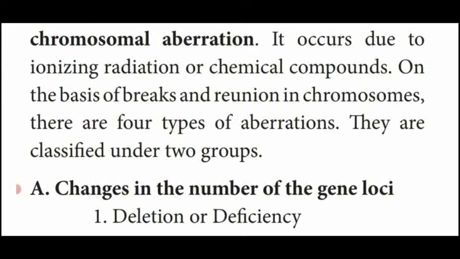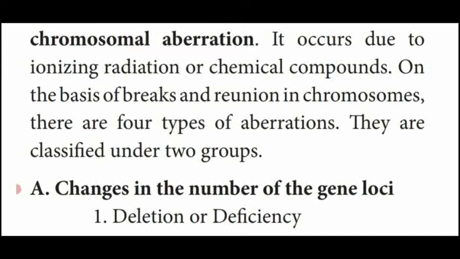On the basis of breakage, deletion and reunion of the chromosomes, they show structural modification. Normally, the chromosome contains a certain arrangement of genes in particular loci. When the location of a gene is altered, that is said to be breakage, or sometimes the pieces may be united or joined together, that is said to be reunion, which causes the chromosomal aberration.